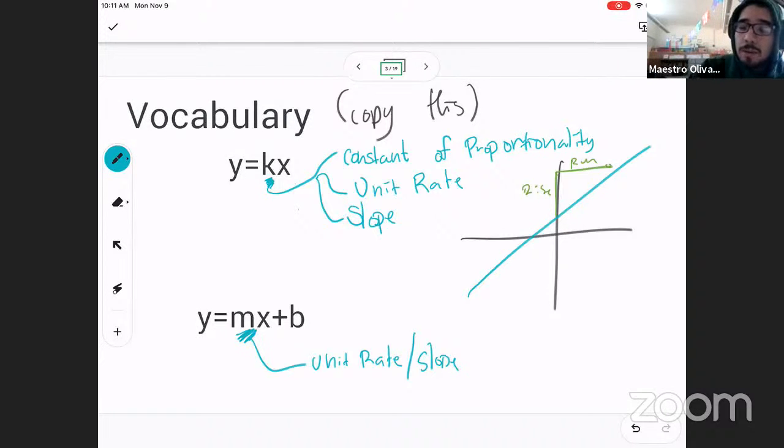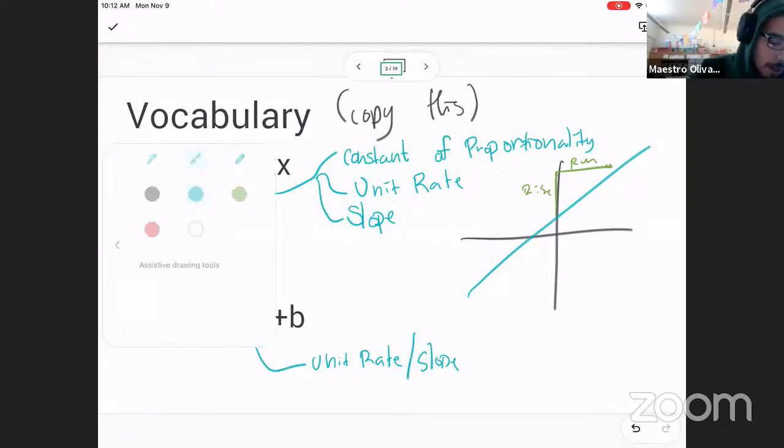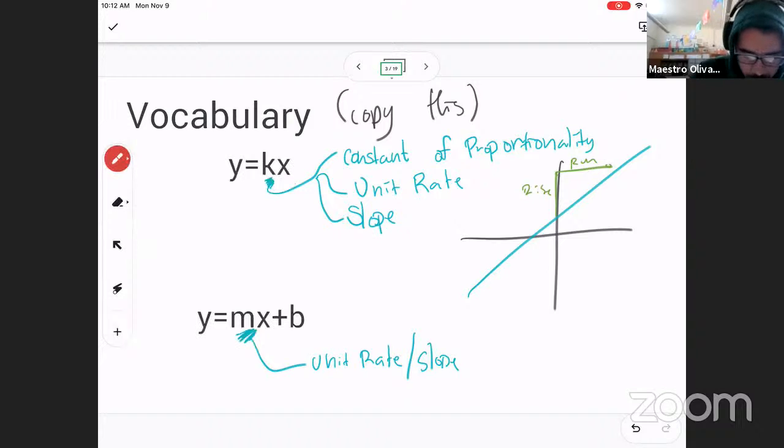Does anybody know what the b represents? Maybe somebody who's worked on that specific IXL. You're adding, yeah. Does anybody know what the letter represents? And it's totally fine if you don't know what it means or represents.